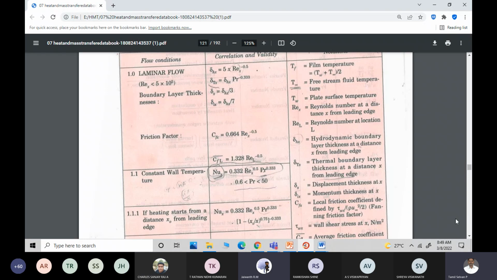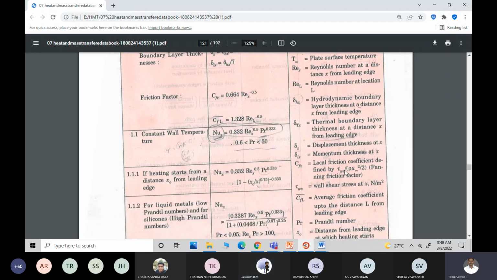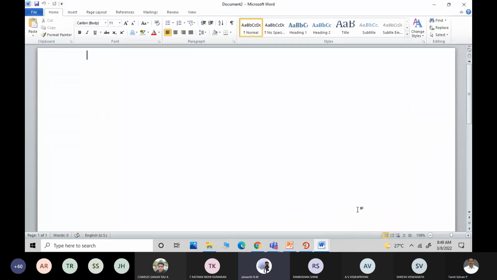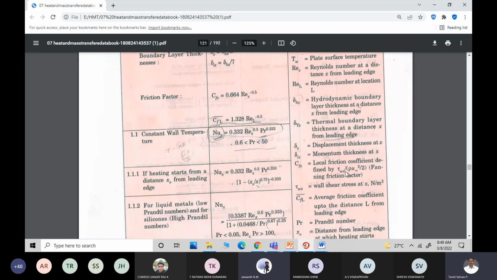You can see here, Cfx, the local friction coefficient, is equal to tau Wx divided by rho u infinity squared by 2. I am taking the formula from the data book only: Cfx equals wall shear stress divided by half into rho u infinity squared.